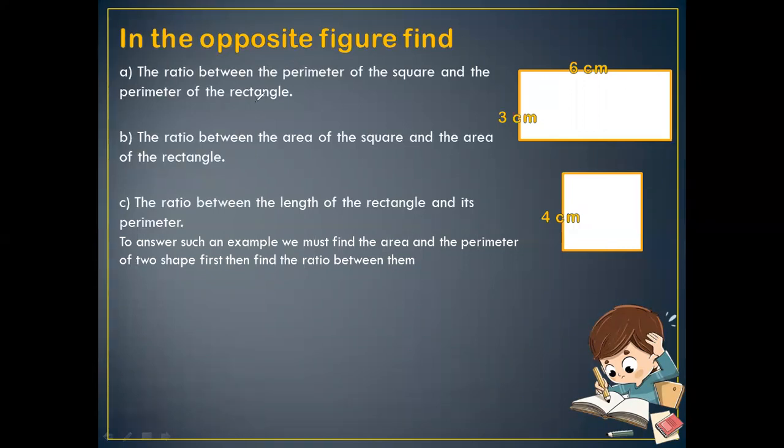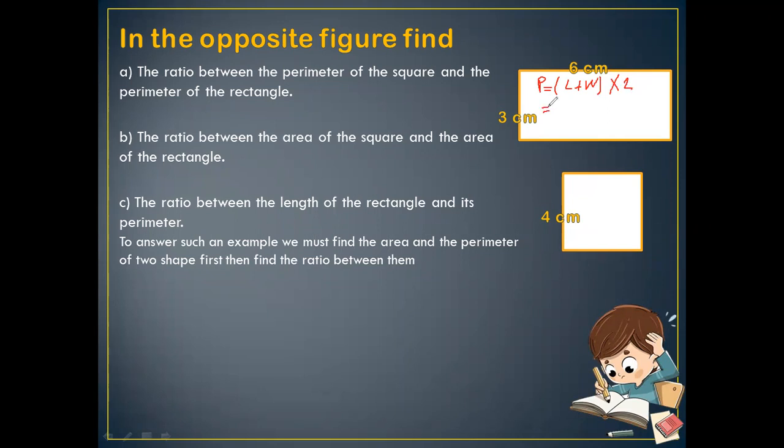Okay, we have here in this shape a rectangle and we have a square. What is the perimeter of the rectangle? The rule of the rectangle is length plus width, times 2.